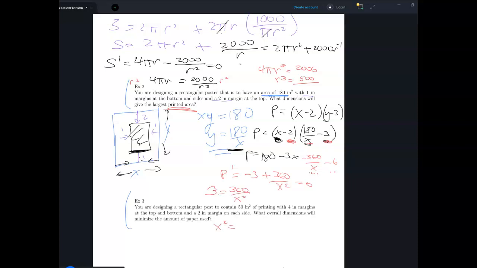So x squared is 120. So x is equal to the square root of 120. We're talking about the sides of a piece of paper, so it has to be positive, right? And so that's the x. So how do I find the y? We put it back in here. So I get y is equal to 180 divided by root 120.